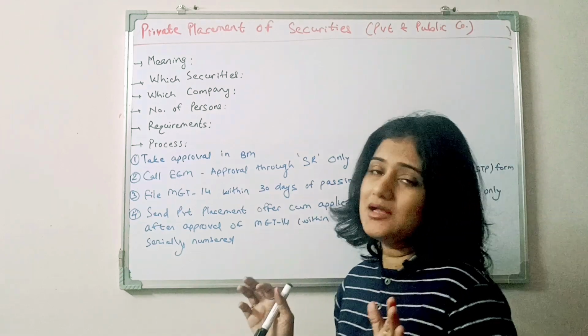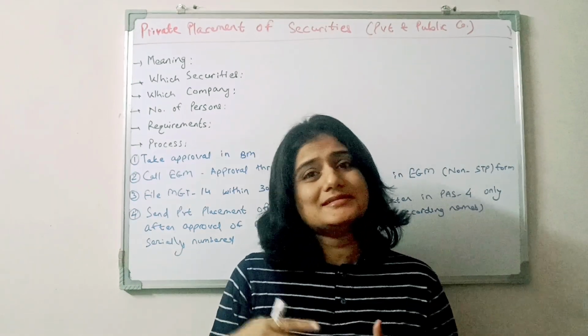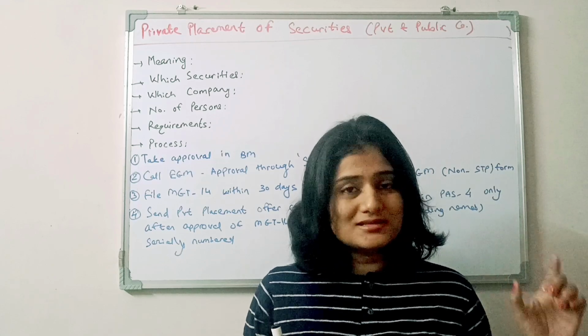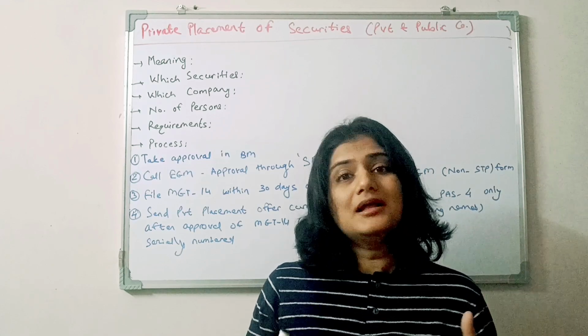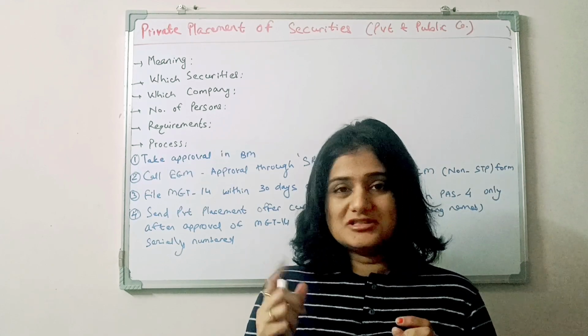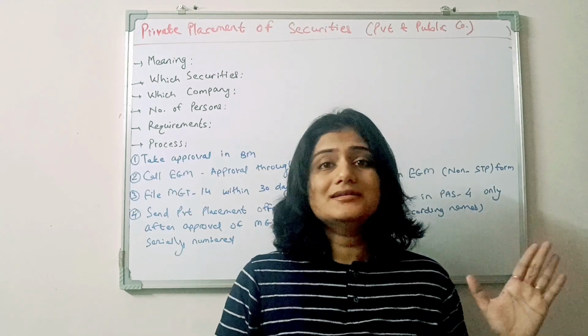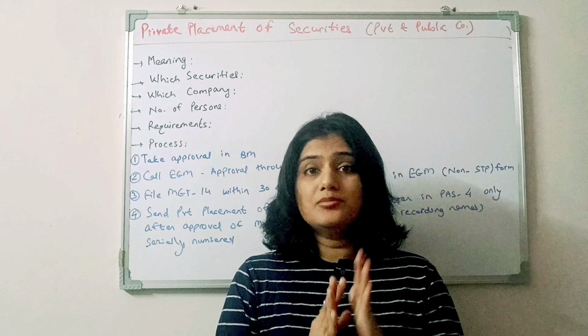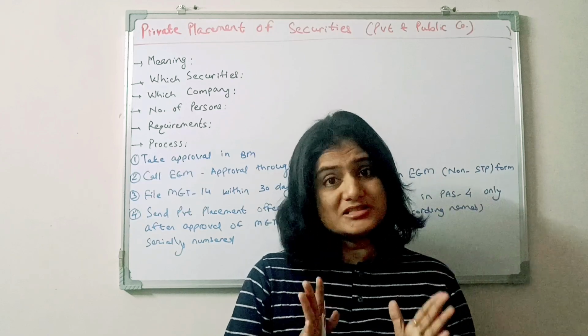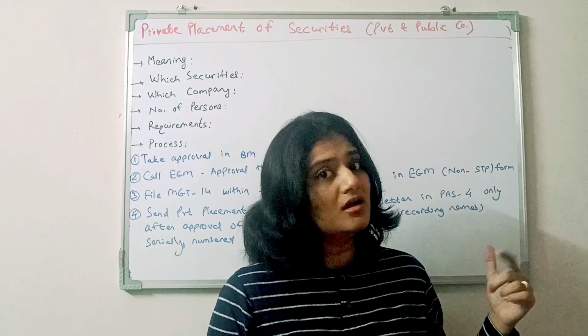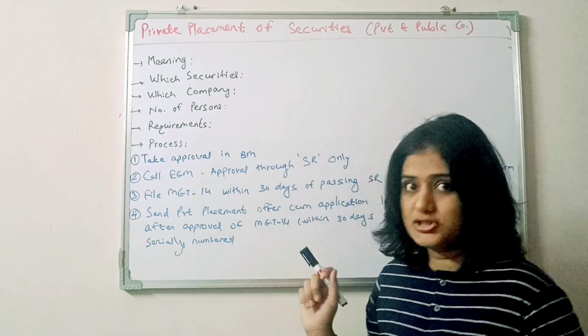That means generally MGT 14 is an STP form, that is, it is system approved, automatically approved by the system. But for this purpose, this is a non-STP form. That means the particular ROC will give approval for this MGT 14. Here MGT 14 is required to be filed by both private as well as public companies, because there is no exemption from filing MGT 14 for this special resolution.